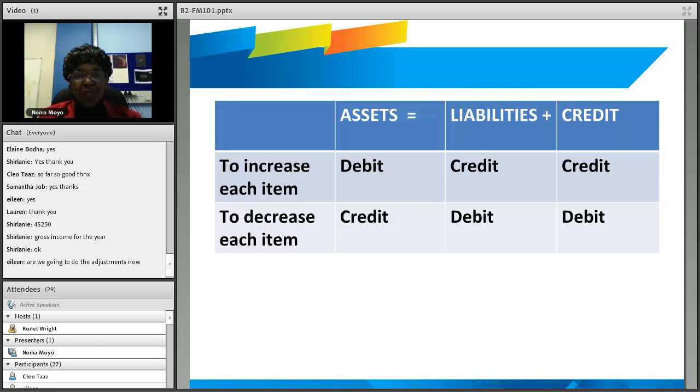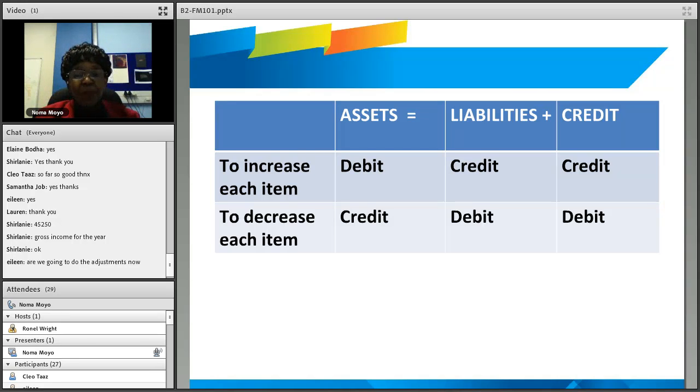Then we note that for assets to increase, we debit. Liabilities to increase, we credit. Then equity, it wasn't supposed to be credit, it was supposed to be equity, sorry. Then to decrease assets, we credit. To decrease liabilities, we debit.